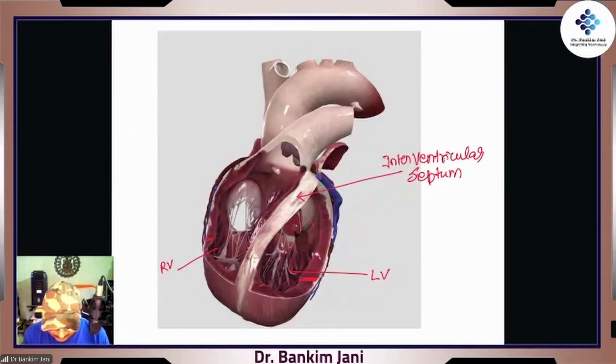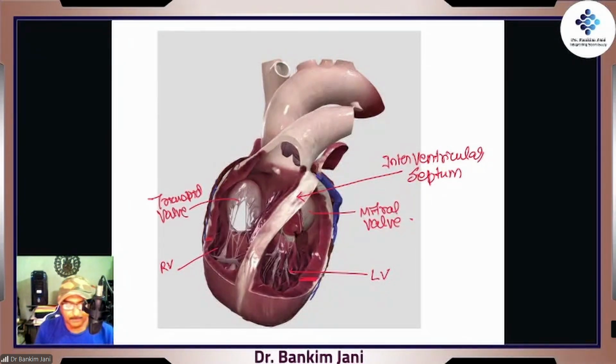And from here, this portion what you are watching, this shiny part, just behind it there will be the left atrium, so that one is the mitral valve, and this one is the tricuspid valve. So in other words, we are watching the tricuspid valve now from the other side, right? Previously we were watching it from the right atrial side.